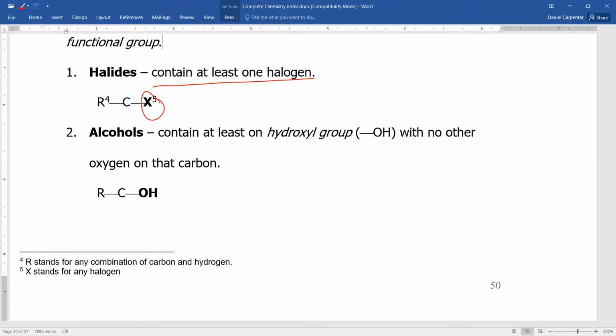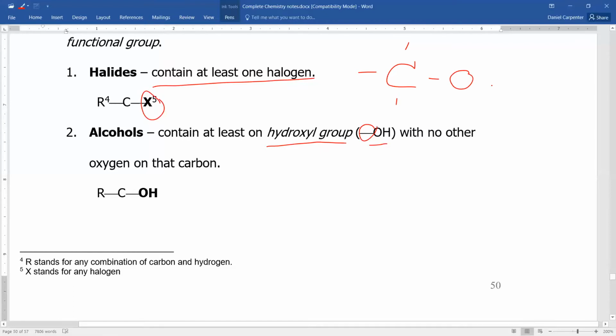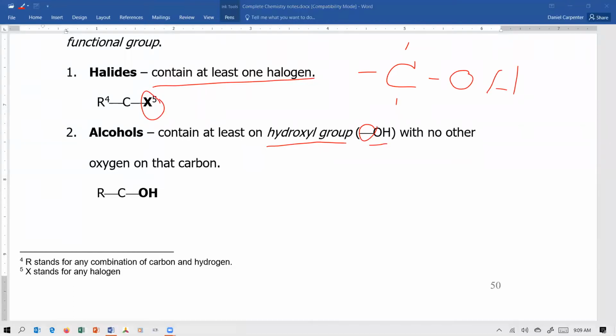That's just advertising hype. Okay, you'll remember that alcohols had to have a hydroxyl group, which is the same as the hydroxide polyatomic ion, OH. The dash here means connected to something, like CH3 bonded to OH.